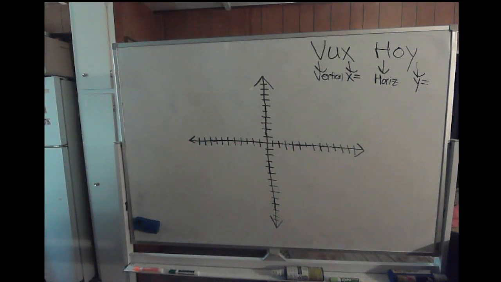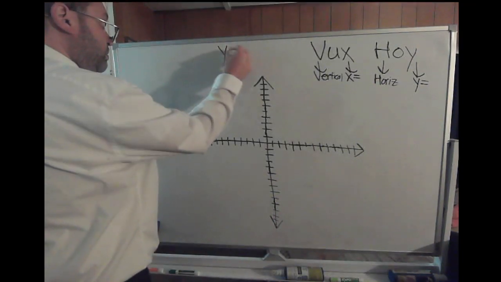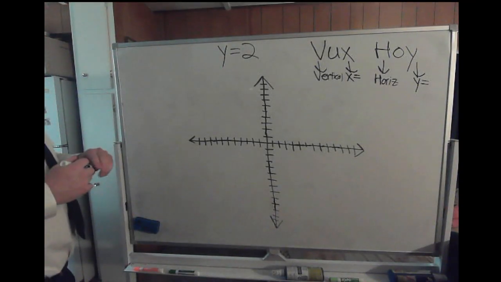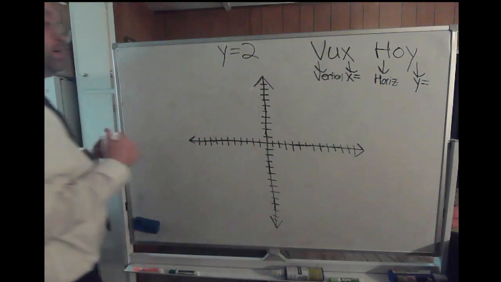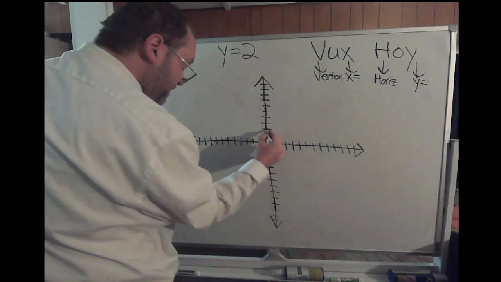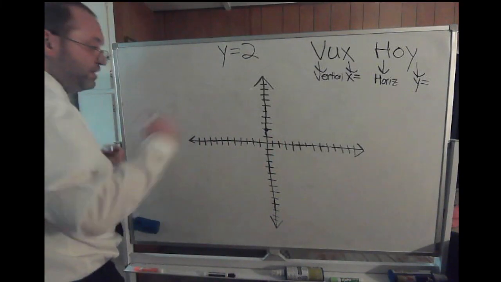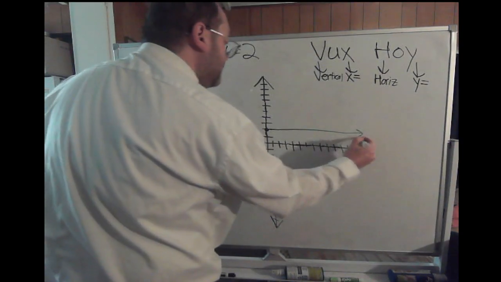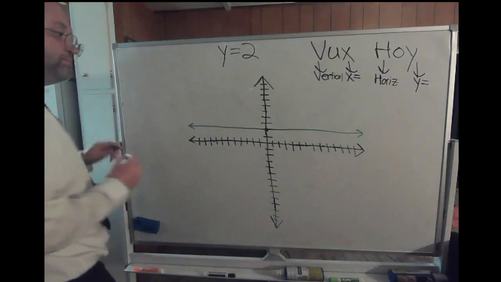What's the next one? Y equals 2. Alright, we just have y equals 2. So y equals means a horizontal line. You go to where y equals 2, which would be at 0, 2. Y is positive 2. I meant to make that green, but that's okay. And you just draw yourself a horizontal line at y equals 2.